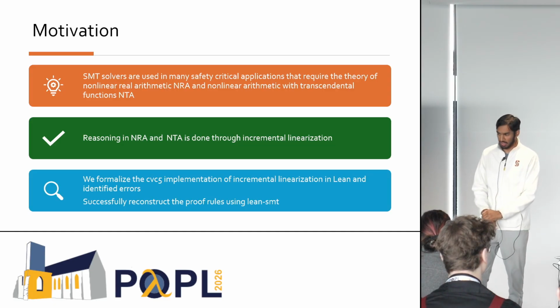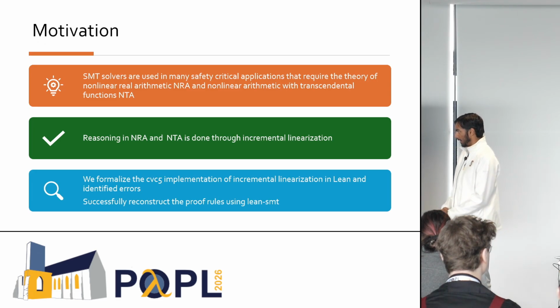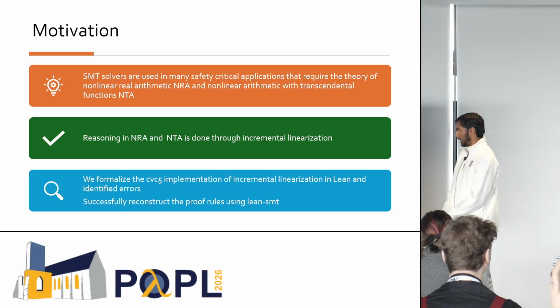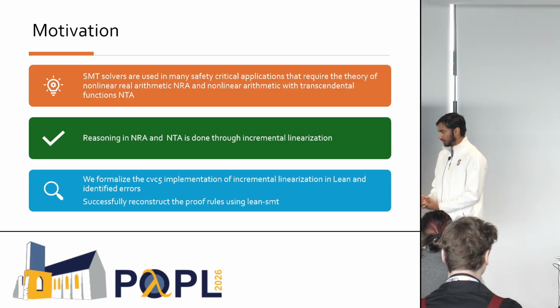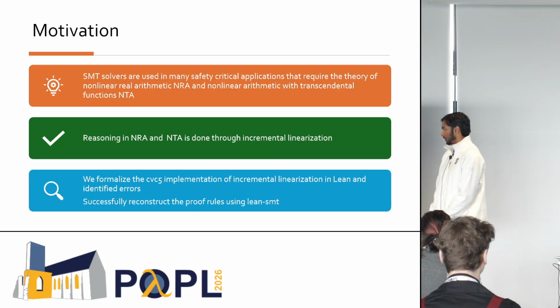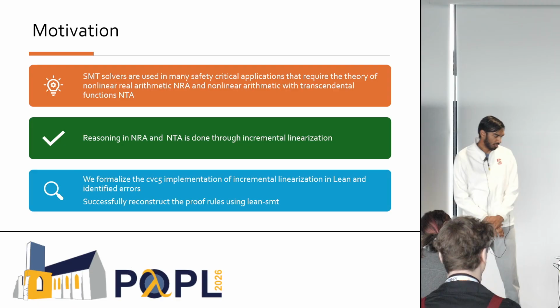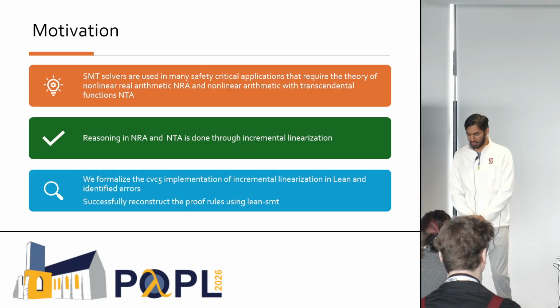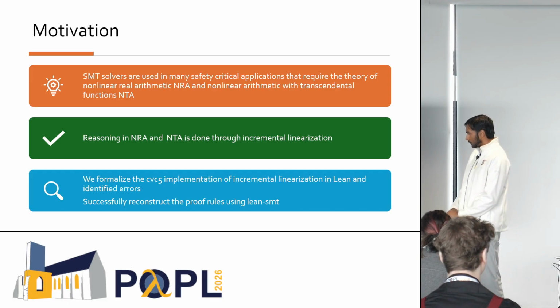Typically reasoning in these theories, nonlinear real arithmetic, NRA, and nonlinear transcendental arithmetic, NTA, is done through a process called incremental linearization. So we decided to formalize the CPP'26 implementation of incremental linearization in Lean.